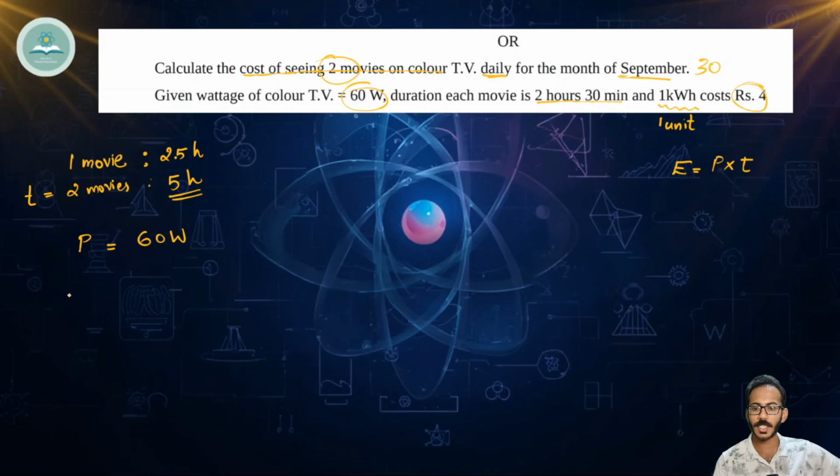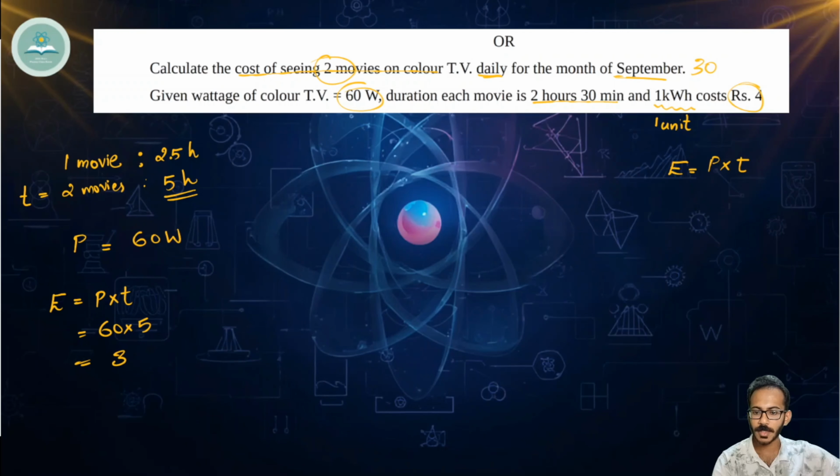So now let's find out the energy. Energy is equal to power into time. Here power is 60, time is 5, 6 fives are 30, so 300. Power was given in watt and the time is in hours, so it is watt hour, 300 watt hour. This is only for 1 day.